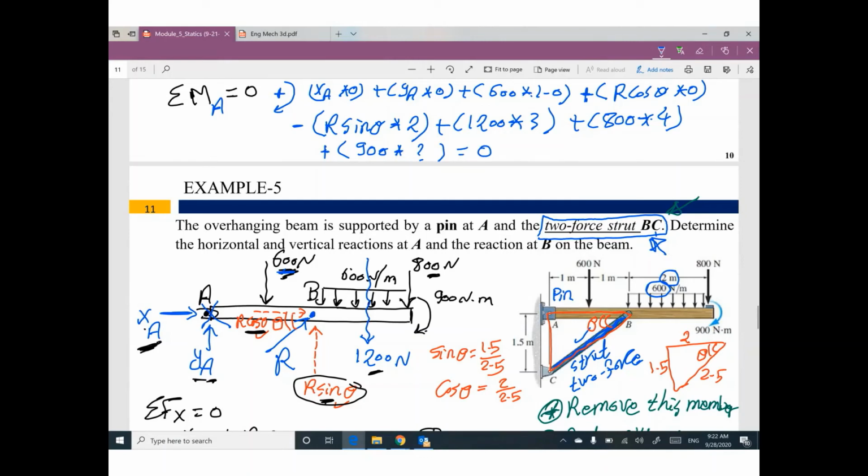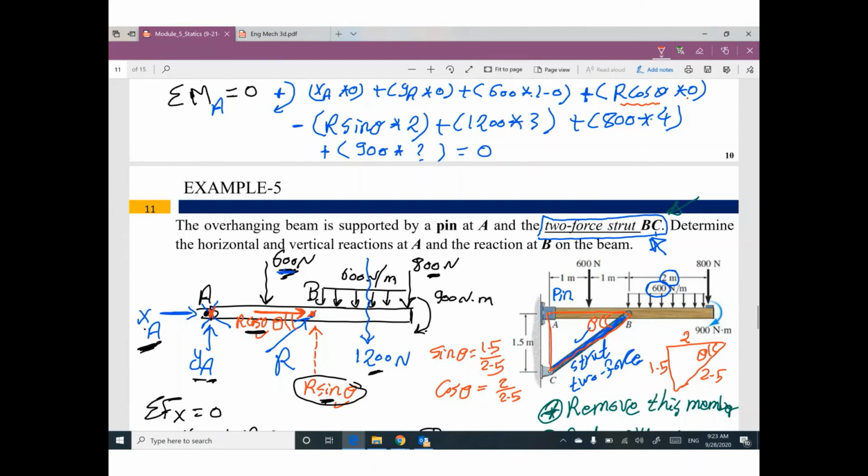First question, please pay attention. Why R cosine theta multiplied by 0? We have here a horizontal reaction, a horizontal component. Do you think this component at this point has any distance to point A? No, we don't have distance. Why?